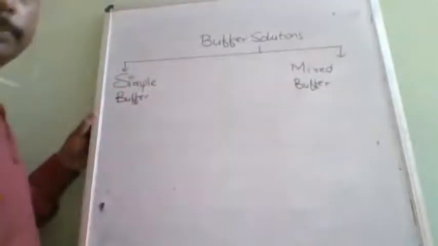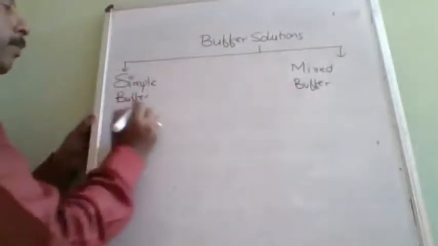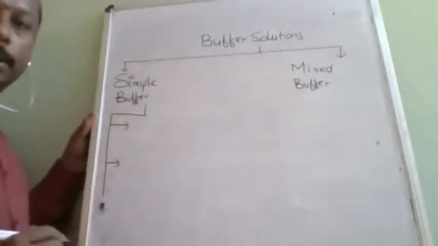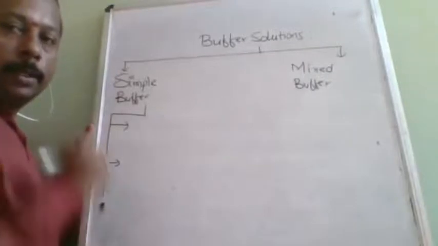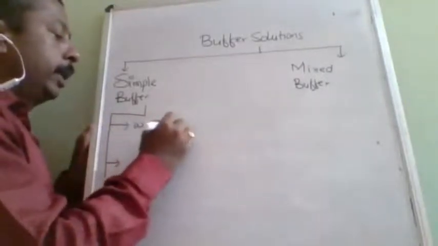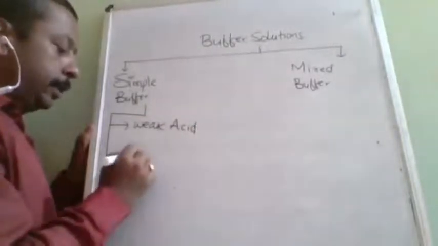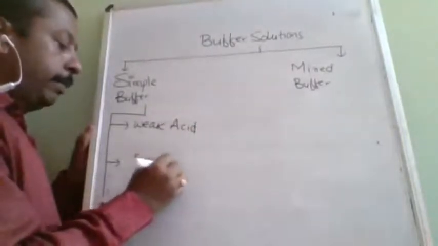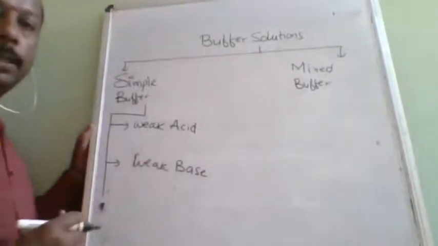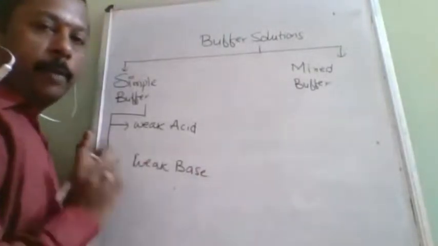Understood? Now, a simple buffer means it is only one compound. Examples are a weak acid, and a second example is a weak base. So it should be either a weak acid or a weak base.